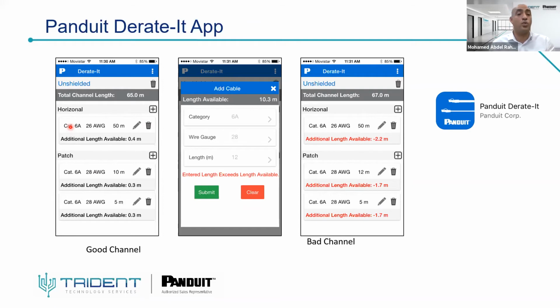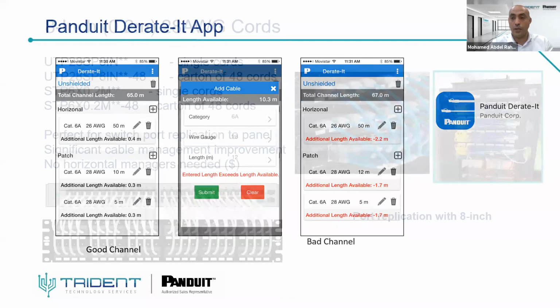And you can also choose the patch cord and its gauge, whether 24, 26 or 28. The application will tell you whether the setup is a good channel or a bad channel. It will also tell you the additional length you can add and still have a good channel for transmission.